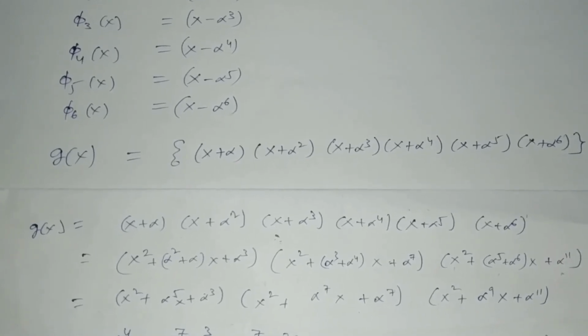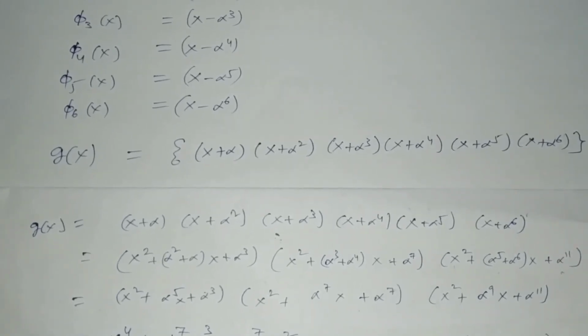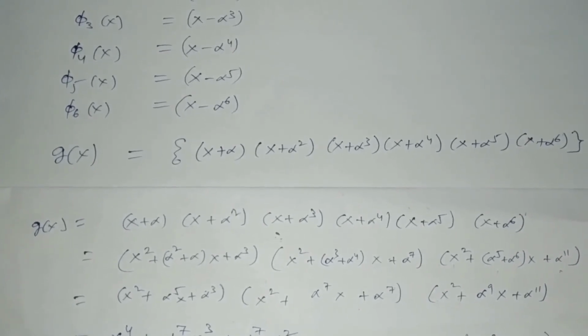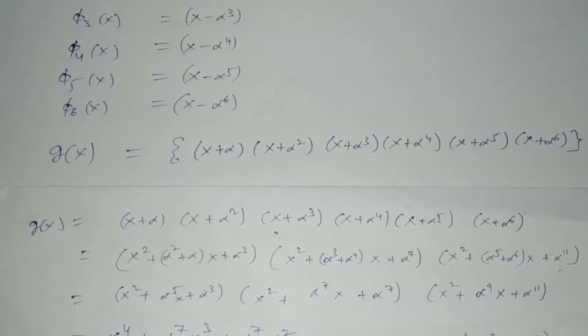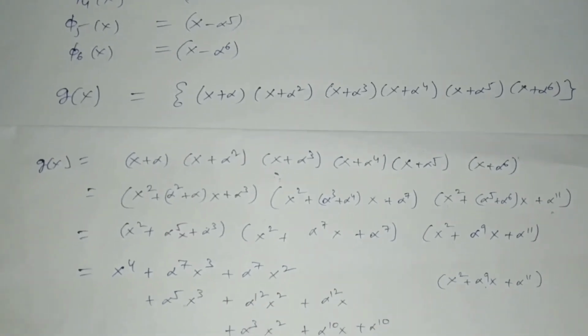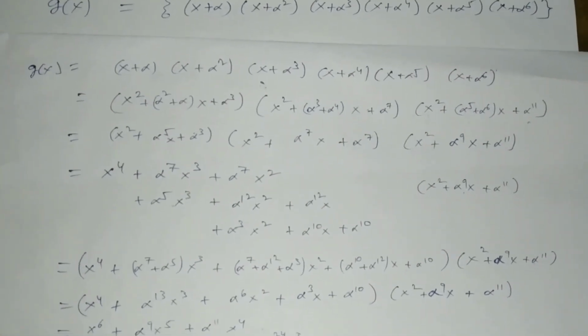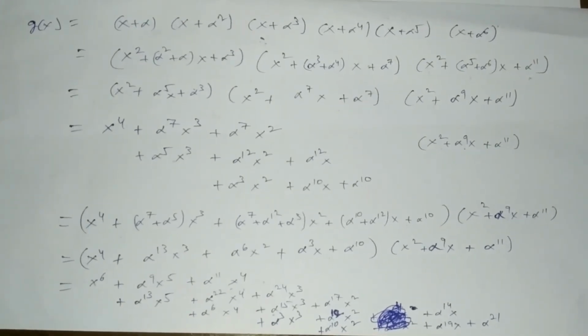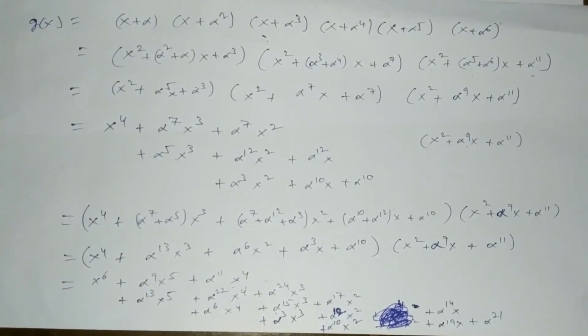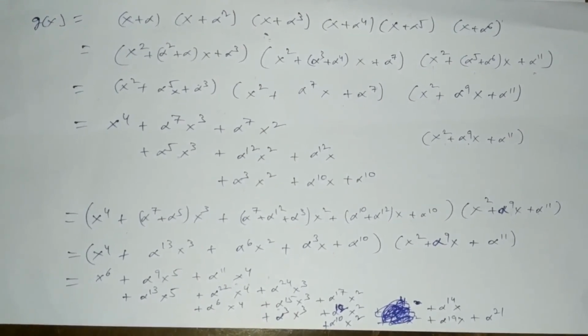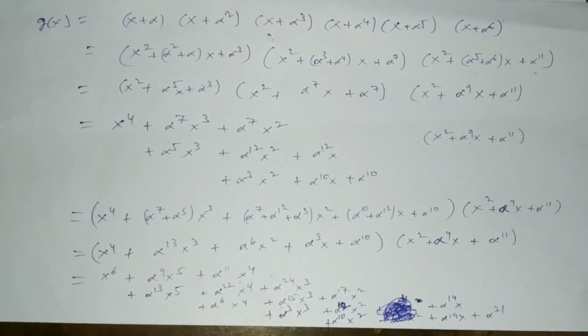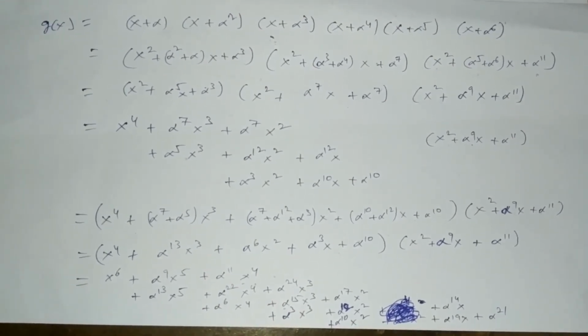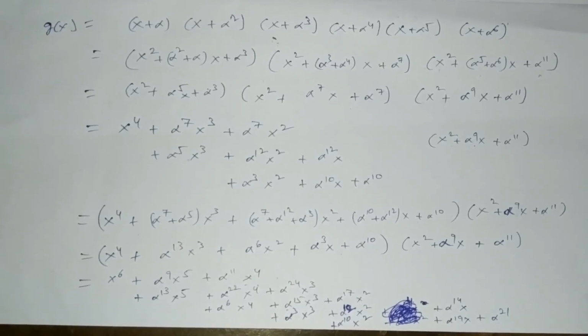Here I referred to the Galois field table: x square plus alpha power 5 x plus alpha cube. This is a presentation, a short simplification. You can practice the same thing here. I multiplied the first two factors, the third and fourth factors, and the fifth and sixth factors.